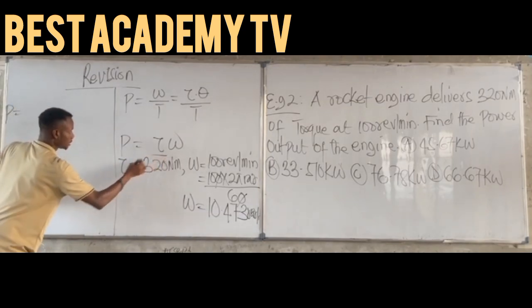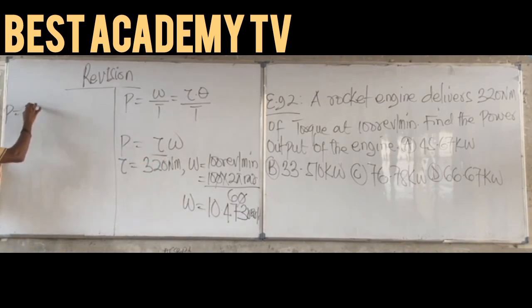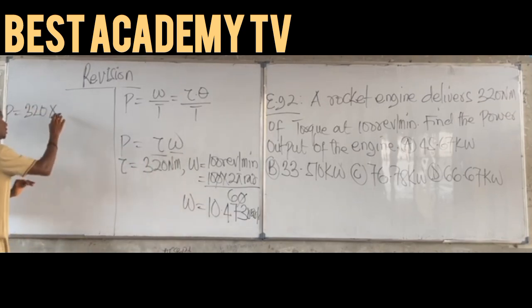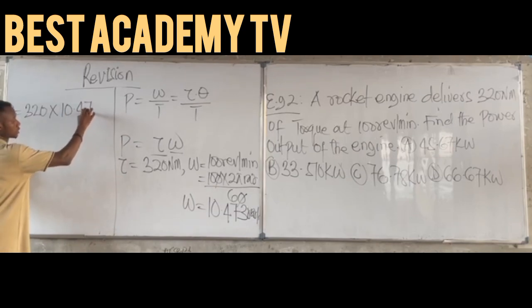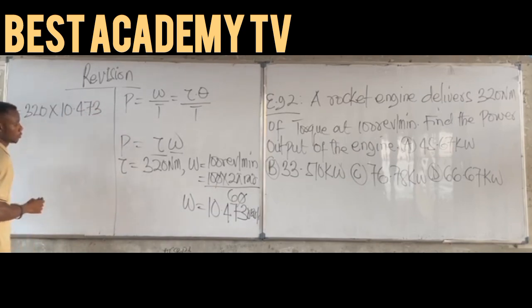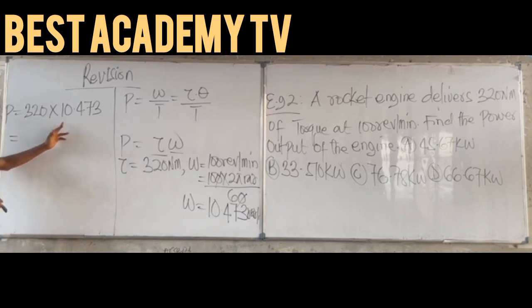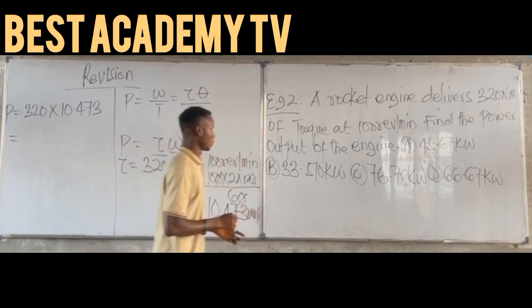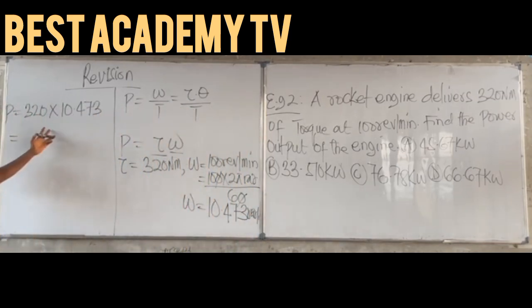Our torque here is 320 times our omega, 10.473. On your calculator, what is the answer here, please? 320 times 10.473.